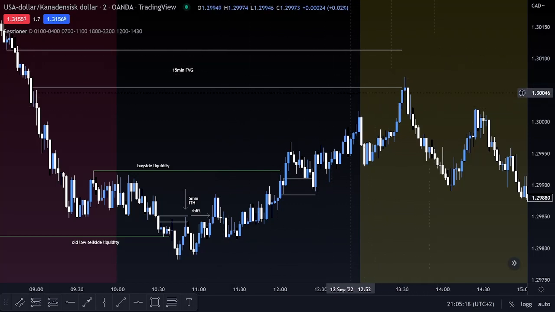And if you draw a fib from your London created high to this low, I think around here you get your equilibrium point. So anything above here is going to be a premium market. If we're down in a discount here, I want to see price draw back into a premium, and that's why I use this fair value gap here, because it's in a premium market.